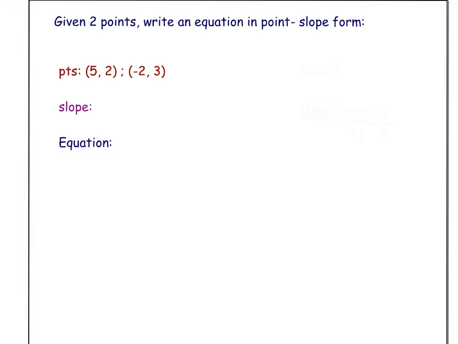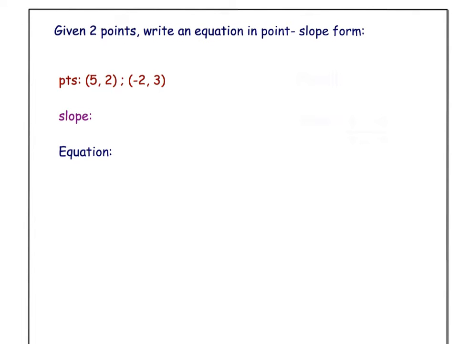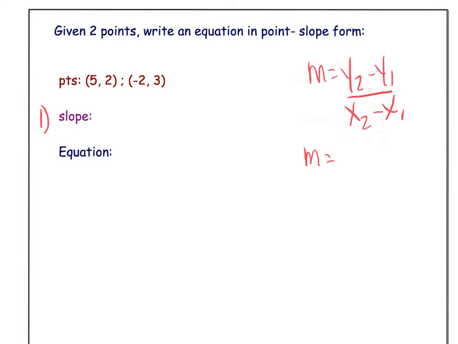And point slope will be the easiest line to write an equation for. If you're given the points 5 and 2 and -2 and 3, your first job is to find the slope. Slope, if you recall, is y2 minus y1 over x2 minus x1. Use that equation on these coordinate pairs.